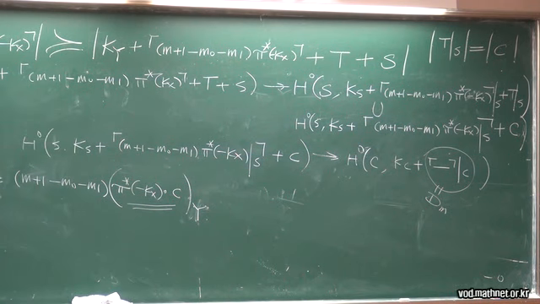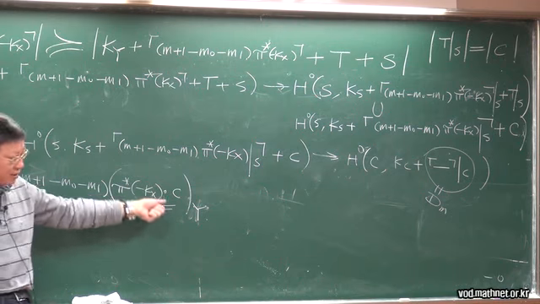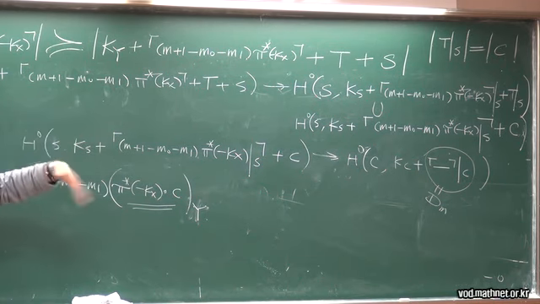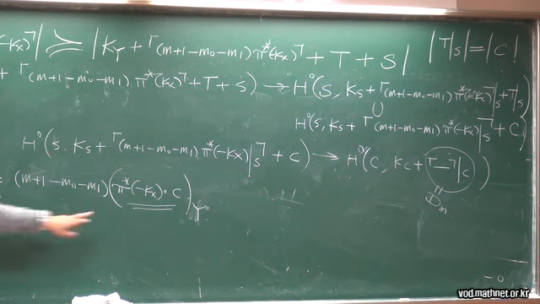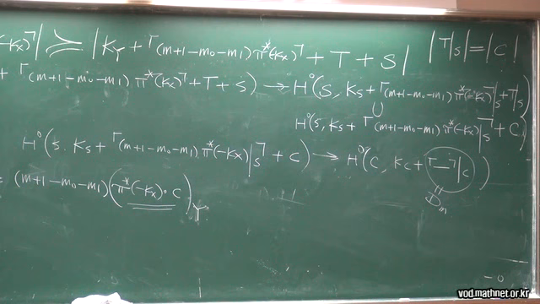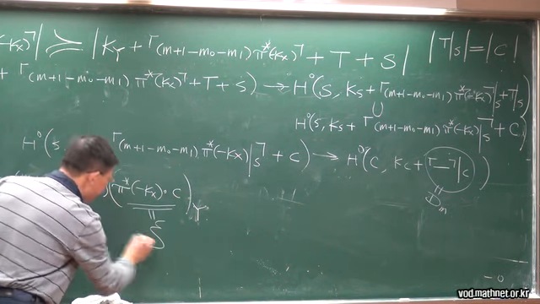But in fact this has a lower bound. In the final case, this curve family could be either a rational curve, an elliptic curve, or genus greater than or equal to 2. In the rational case, when C is a rational curve, this is very good. This is at least 2. Let me denote this by theta.